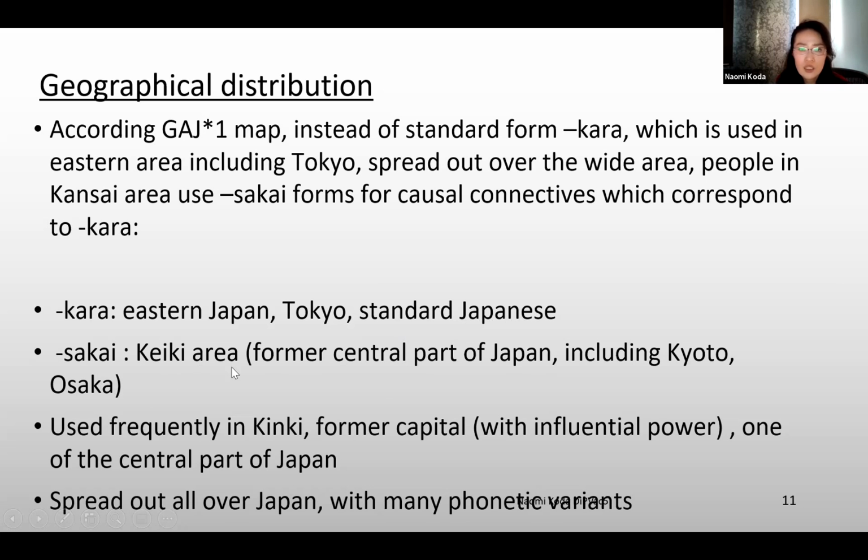Sakai: Kinki area, the West area, the former central part of Japan, including Kyoto, Osaka. Sakai is used frequently in Kinki, the former capital, with influential power, one of the central parts of Japan. And Sakai spread out in the past all over Japan with many phonetic variants.